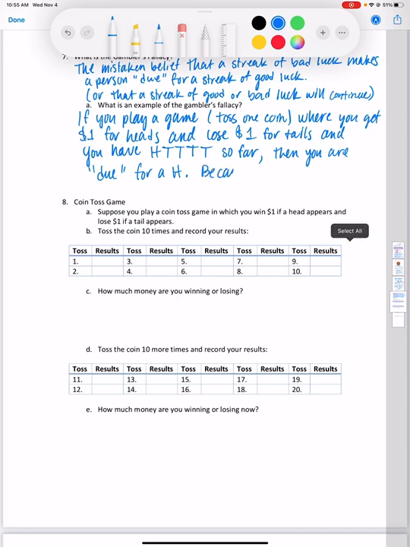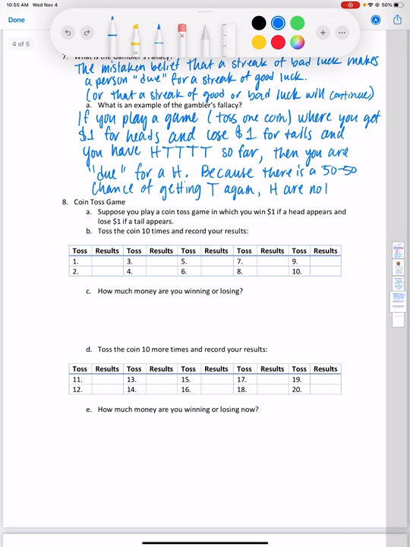So because there is a 50-50 chance of getting tails again, heads are not really due.